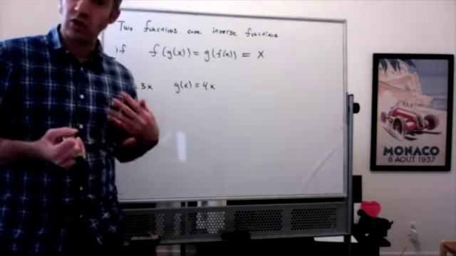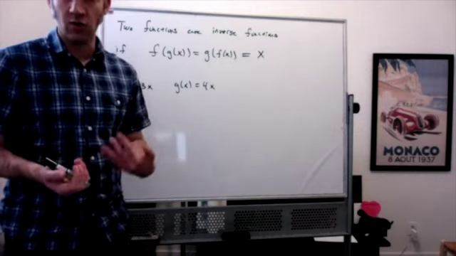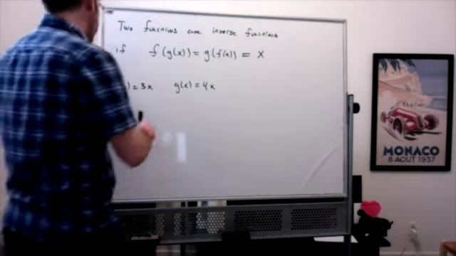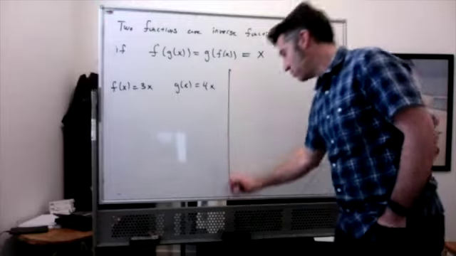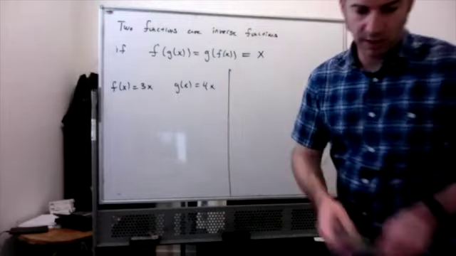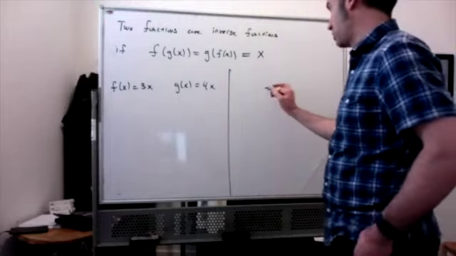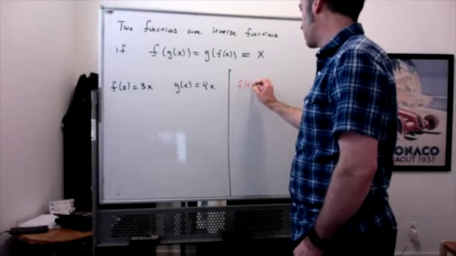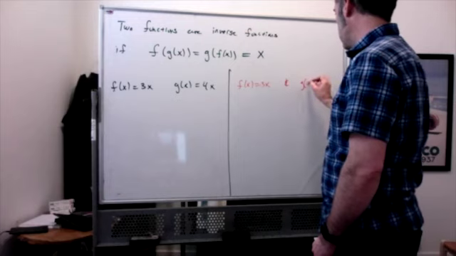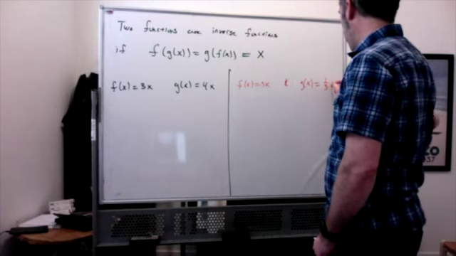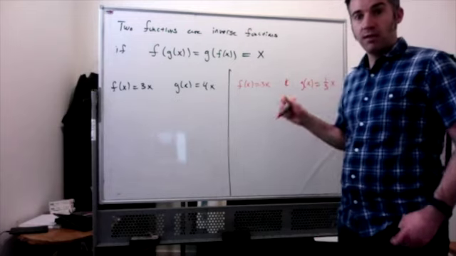What an inverse function should do is undo the other function. Let me give you another example, and I'll show you what I mean in just a sec. Versus these functions, f of x equal to 3x and g of x equal to 1/3 x. These functions are inverses.